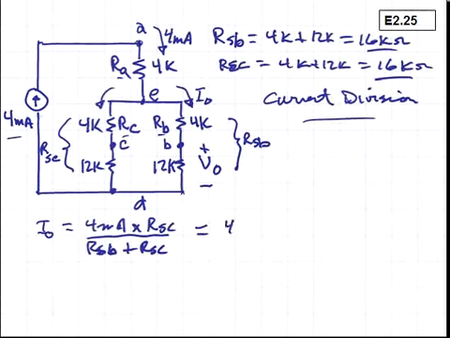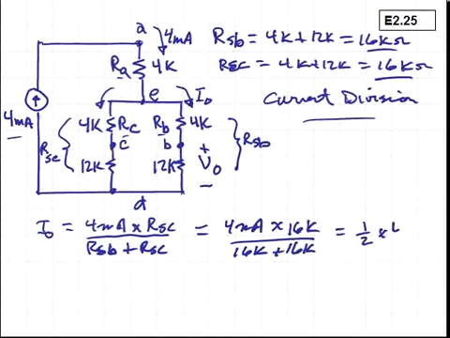That's equal to 4 milliamps times 16K divided by 16K plus 16K, and that's equal to 1/2 times 4 milliamps, or we have that I sub O is equal to 2 milliamps.